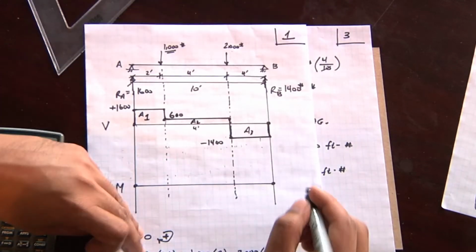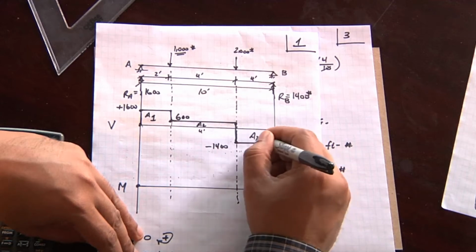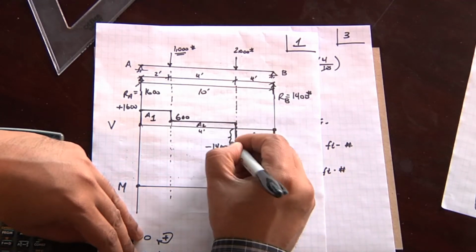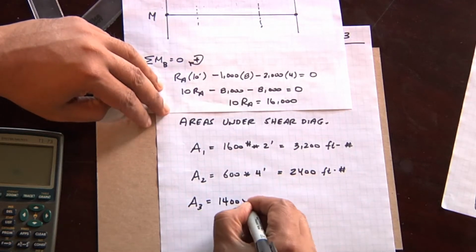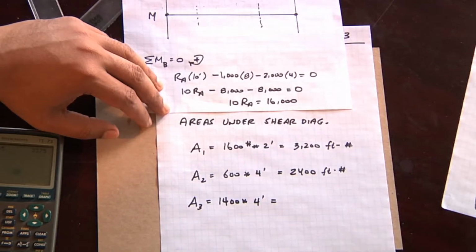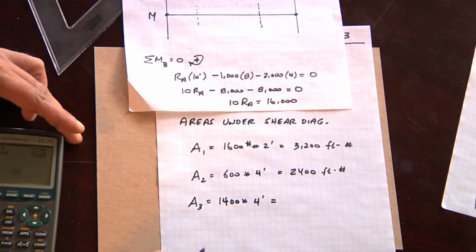A3 is going to be 1,400 times 4 feet. So 1,400 times 4, 5,600.